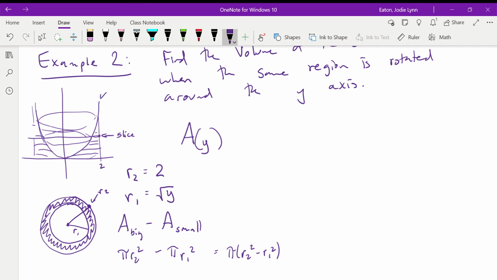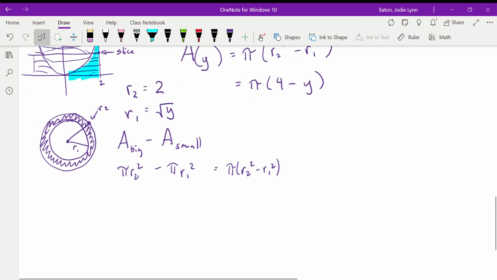Why? Because y equals x squared is the same as x equals radical y. And because we're looking only at the positive part, we're creating a solid that involves negatives, but right now we're only looking at the cross section in this positive part. So my area of y is going to be pi times R2 squared minus R1 squared, which is pi times 4 minus y.